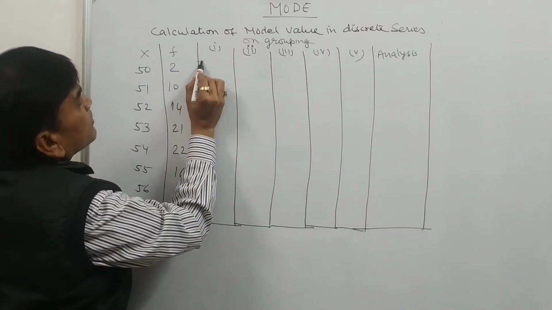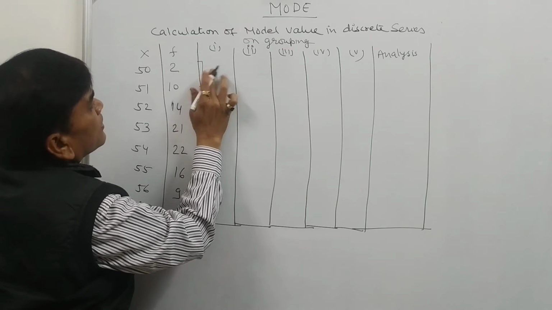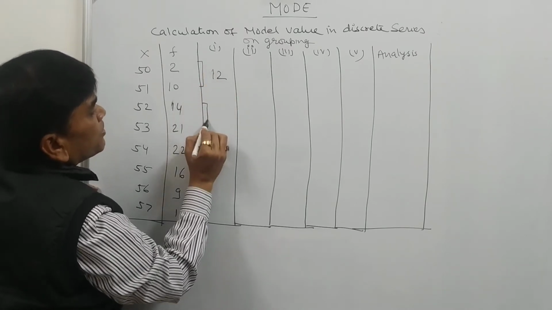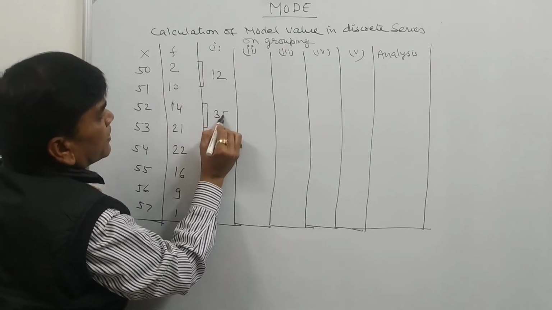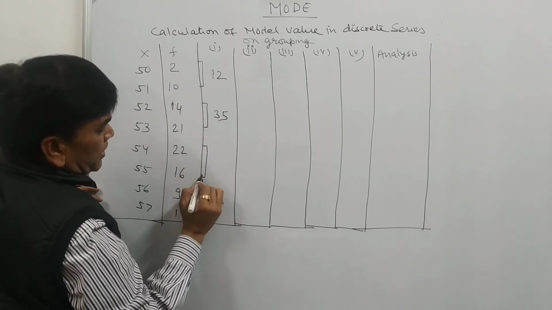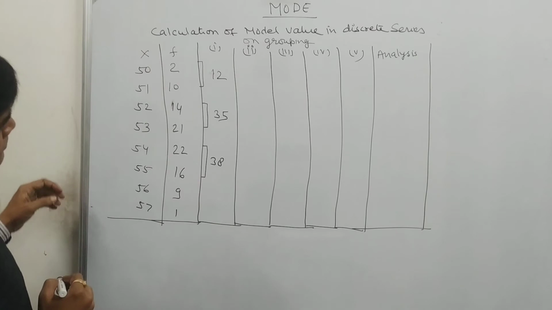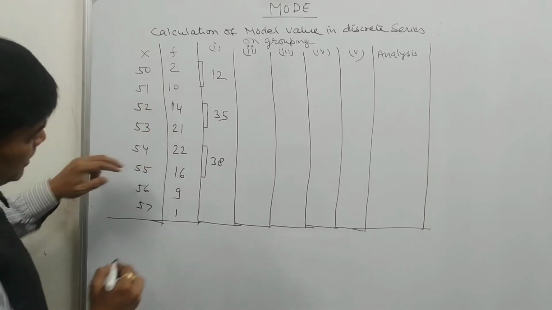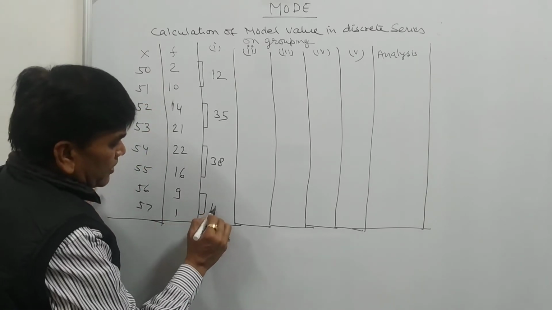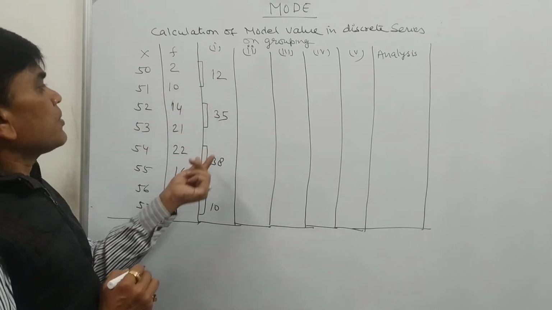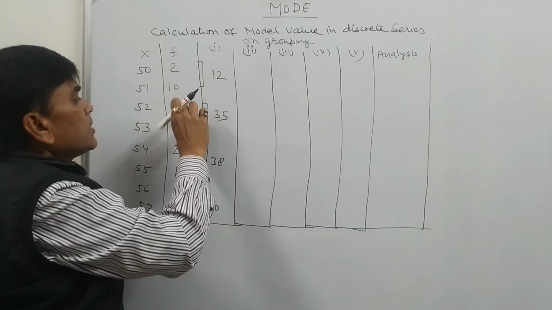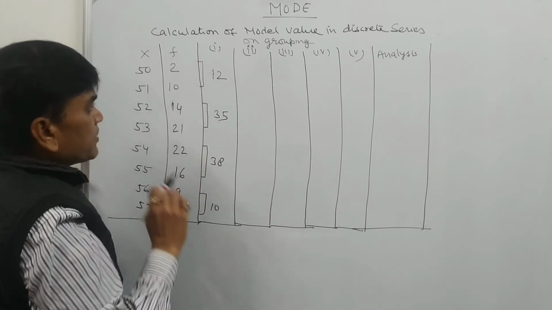We will go a bit faster here because we have already discussed one question. In the first grouping, we take pairs of 2: the very first pair is 24, then the next pair is 35, then 38, and the last pair is 10. We are adding these two, these two, these two, and these two.